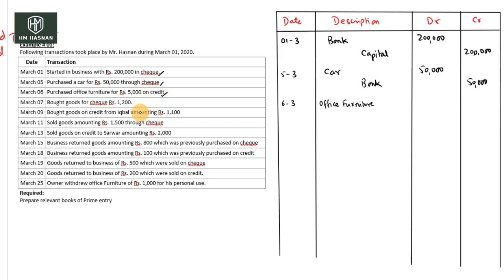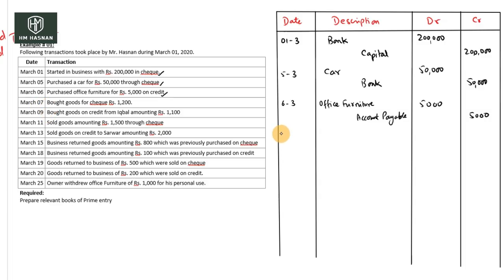We purchase office furniture on credit, meaning we will pay the amount in future, so we will record the liability. So it's the account payable, by rupees 5,000 debit and 5,000 credit.